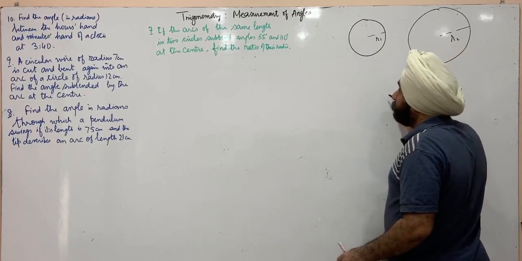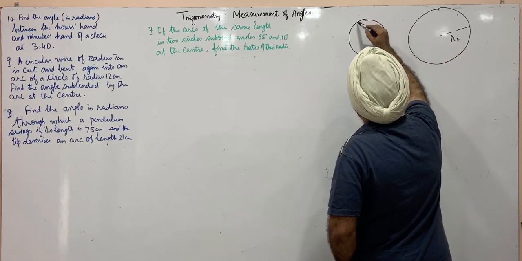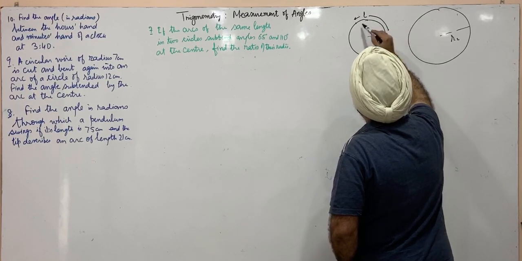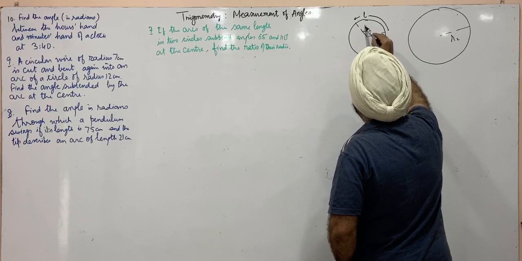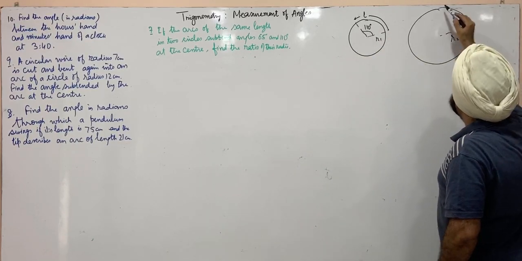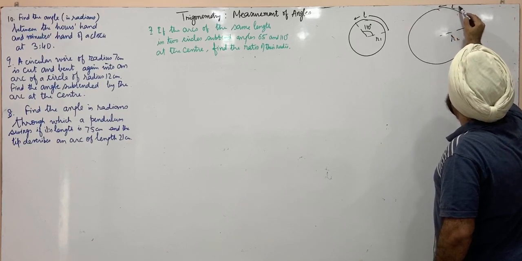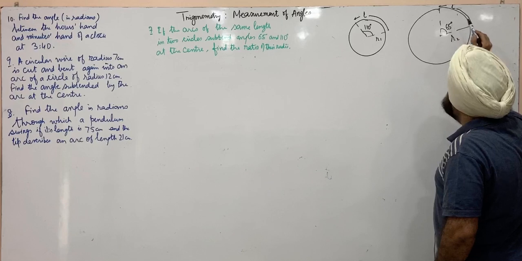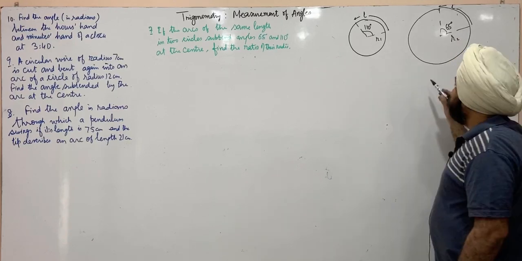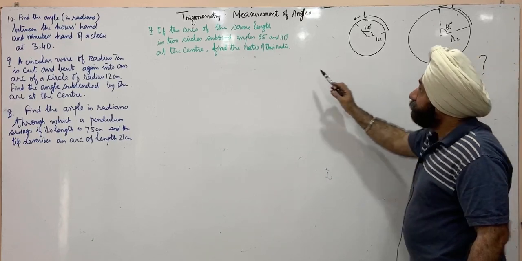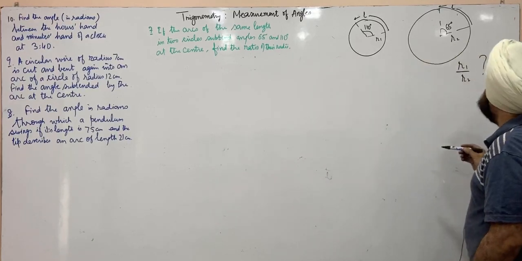Let's say this is an arc of length L, subtending an angle of 110 degrees. The same arc length in the bigger circle will obviously subtend a smaller angle of 65 degrees. We have to find R1 upon R2, the ratio of their radii.